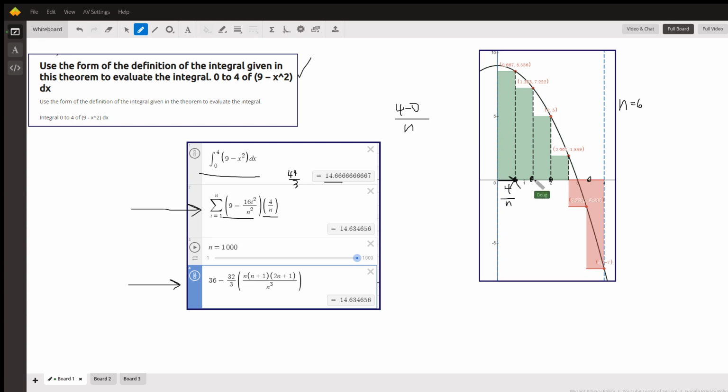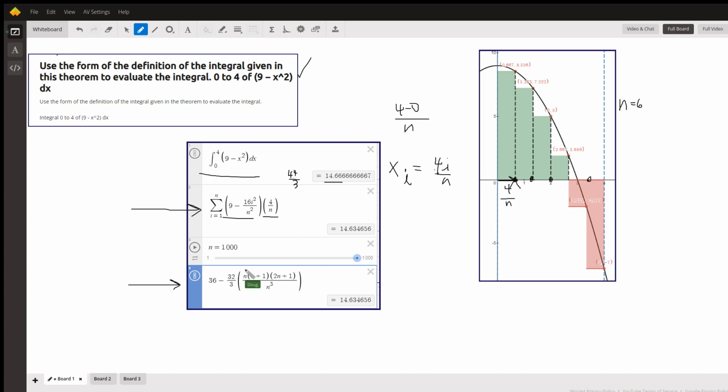If we move to this point, it'll be 0 plus 2 of those. And if we generalize the ith x sub i, it's going to be i times 4 over n, or 4i over n.